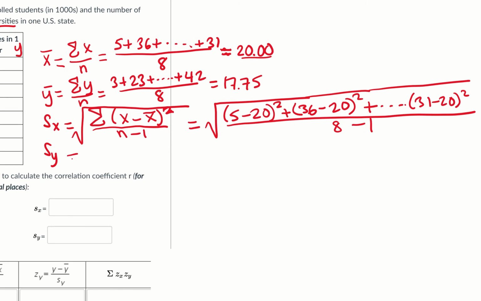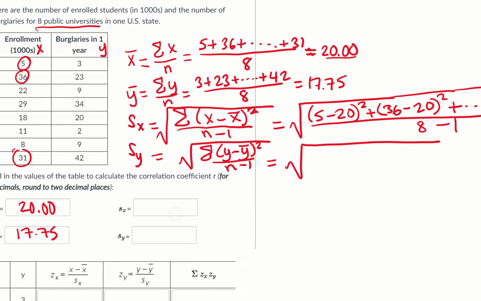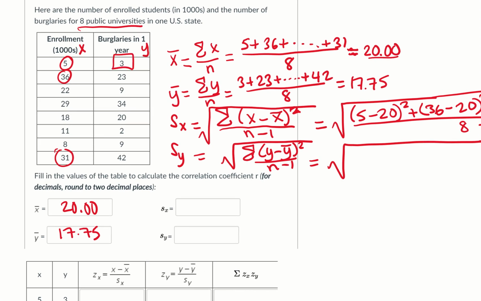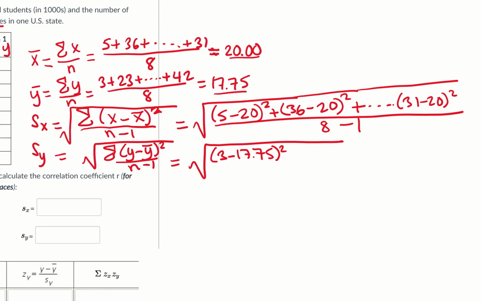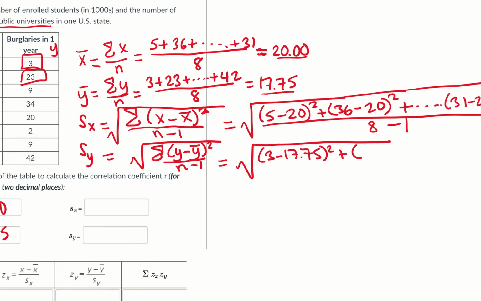And then let's go ahead and repeat that for SY. So we sum the Y minus Y bar squared, divided by n minus 1. So we have here the square root of Y minus Y bar, 17.75 squared, plus parentheses, and then we have the next one, it's 23, and so on.